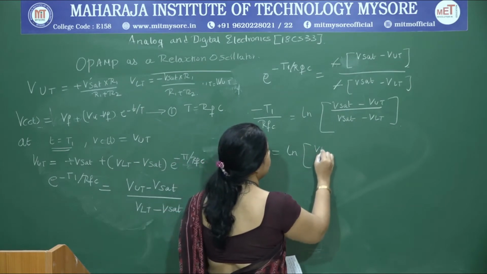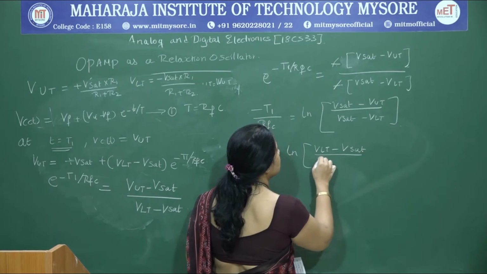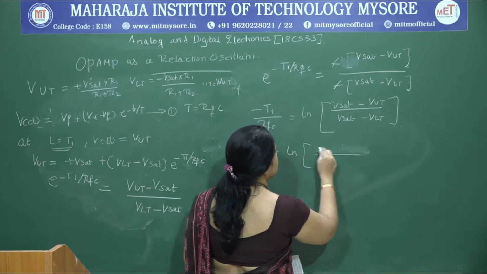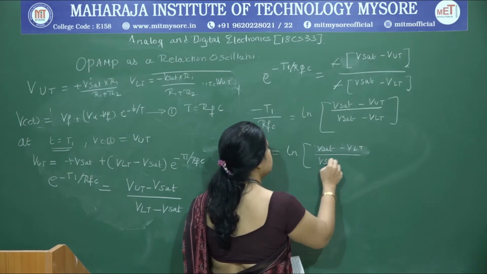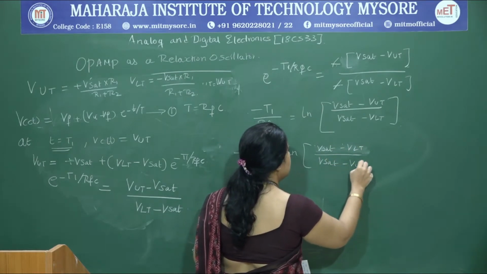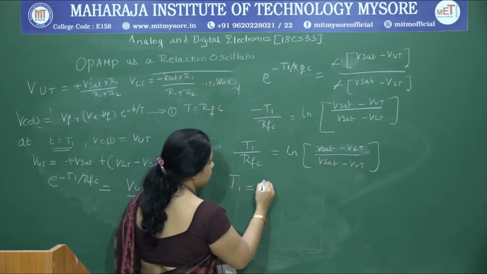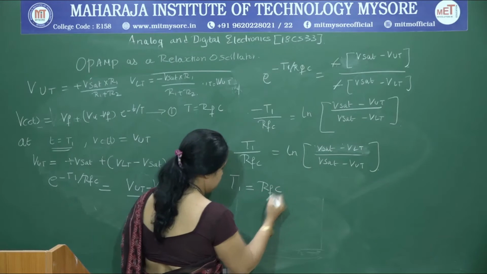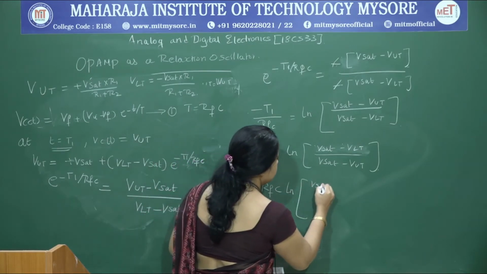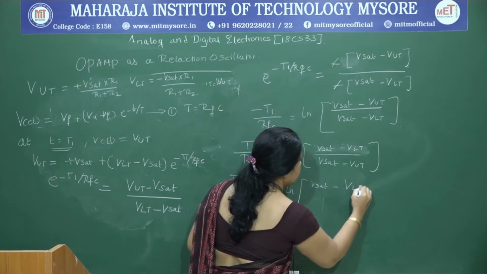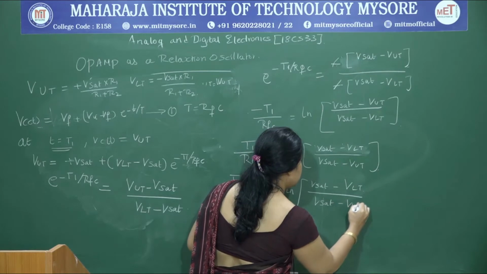So, T1 is going to be RFC logarithm of Vsat minus VLT divided by Vsat minus VUT.